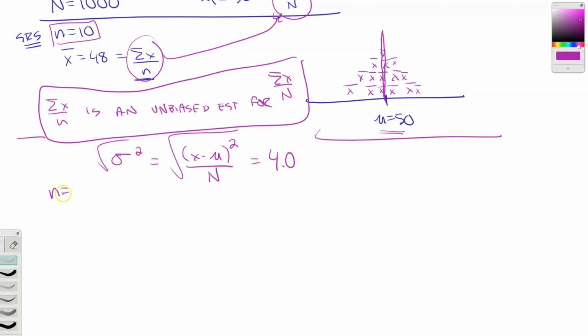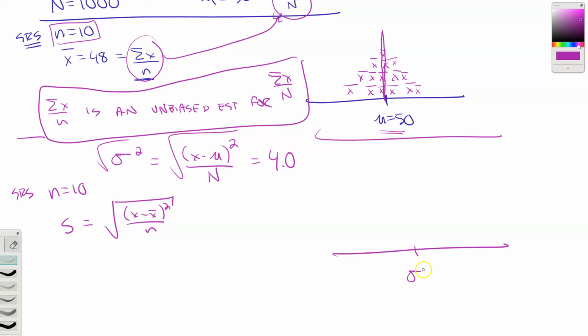So what we're going to do is take samples of size 10, hopefully a good simple random sample, and calculate S, the sample standard deviation. The problem is if we use the same formula, x minus x bar squared over n, then we will get something. But when we take a look at those collections of sample statistics, these S's are going to look maybe something like this.